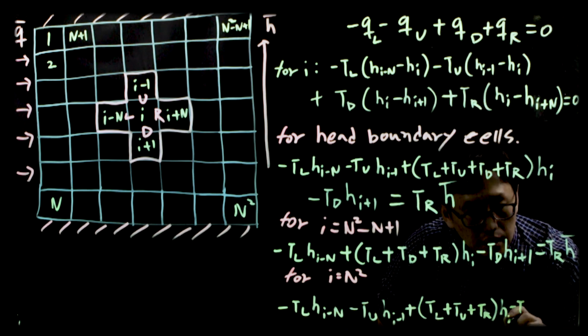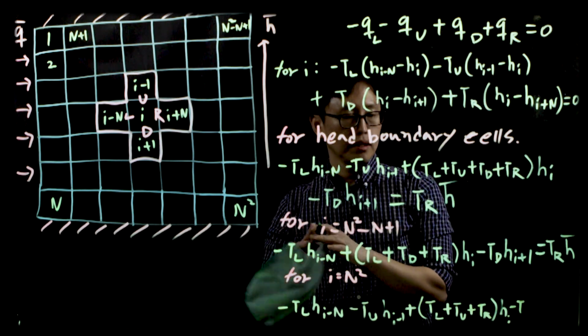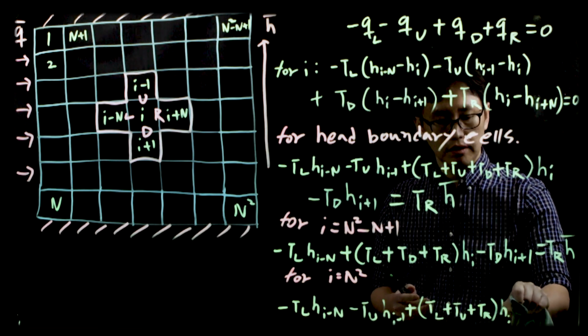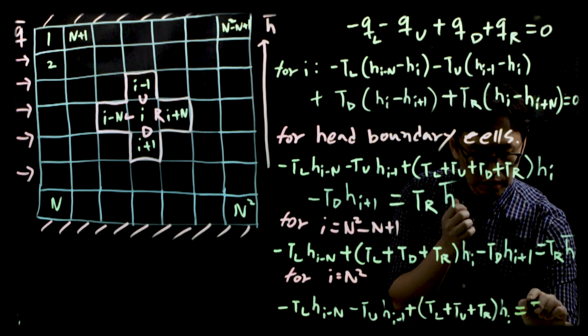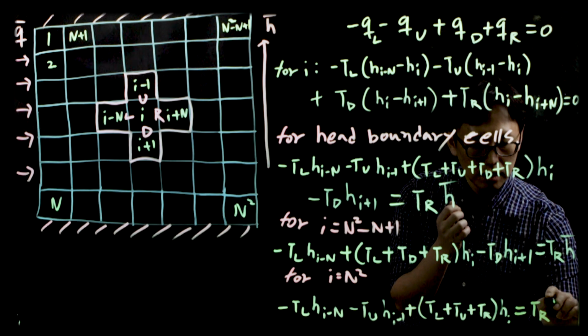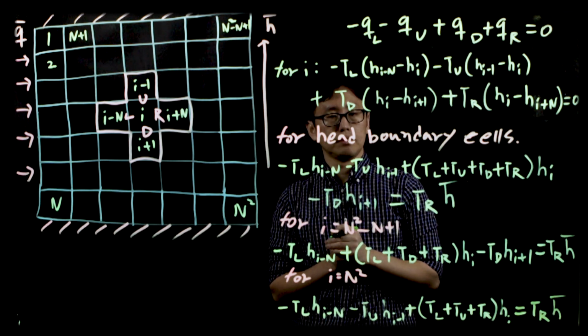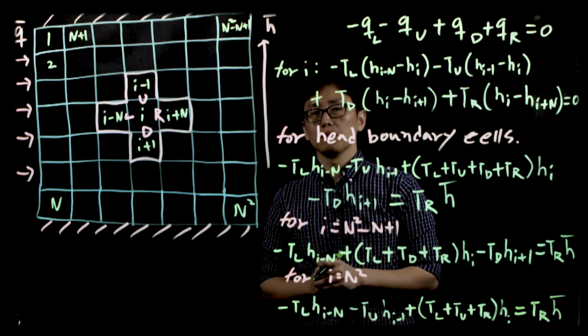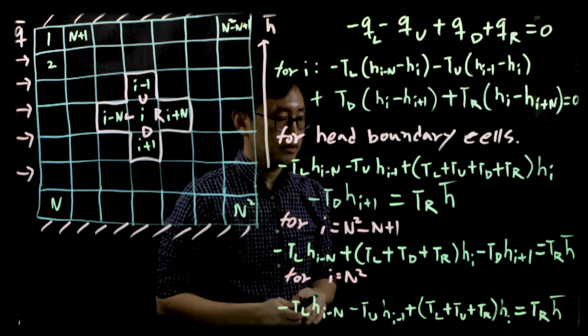The down term is cancelled, right? So we don't have to write this equation, and this equation is equal to TL H bar. Yes. So we are done with the left and right boundary cells.